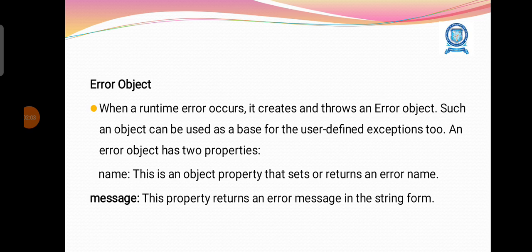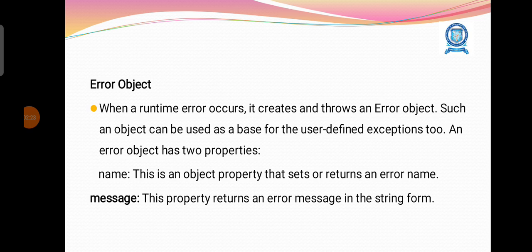Error object: when a runtime error occurs, it creates and throws an error object. Such an object can be used as a basis for user-defined exceptions. The error object has two properties, name and message. Name is the object property that sets or returns an error name.